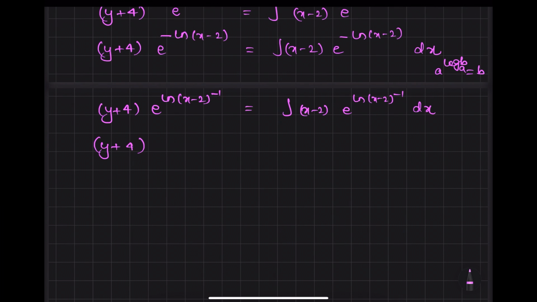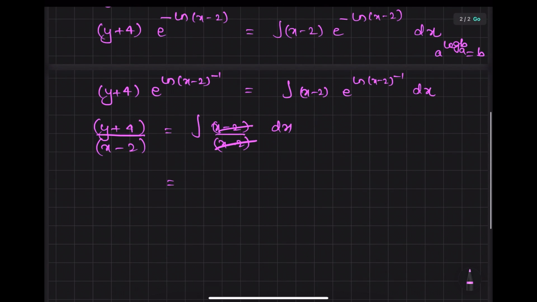So we will be writing x minus 2 to the power minus 1, and then we have the integration of x minus 2 times x minus 2 to the power minus 1, dx. So this thing is gone. Integration will become x, but in place of x you will be writing x minus 2. So this is x minus 2, y plus 4 into x minus 2 inverse, equals x minus 2 plus the integration constant c.